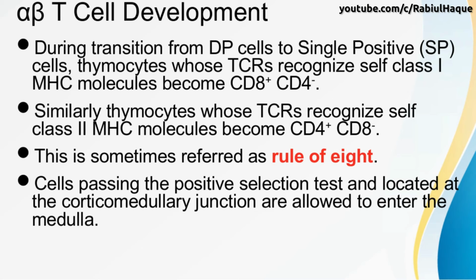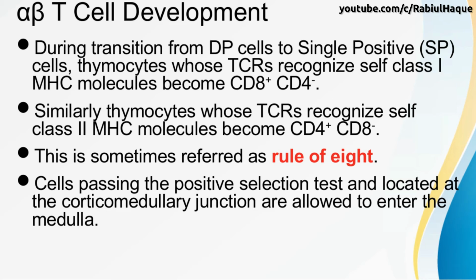Now, during transition from double positive cells to single positive cells, thymocytes whose T cell receptors can recognize self class 1 MHC molecules become CD8 positive and CD4 negative cells.